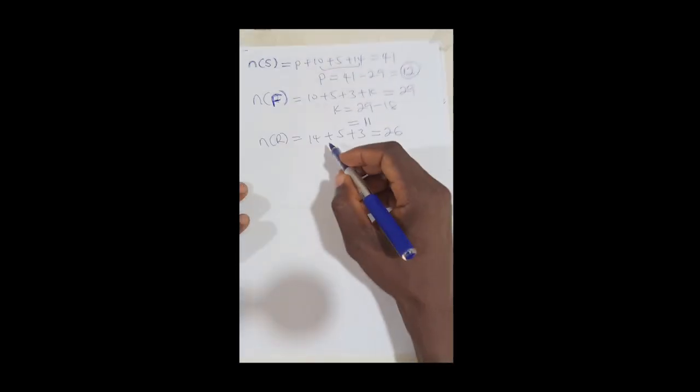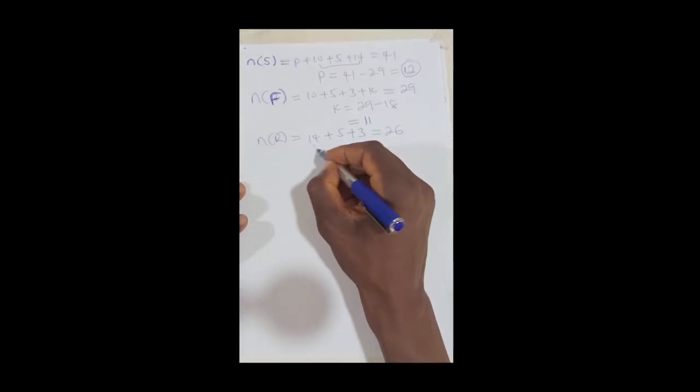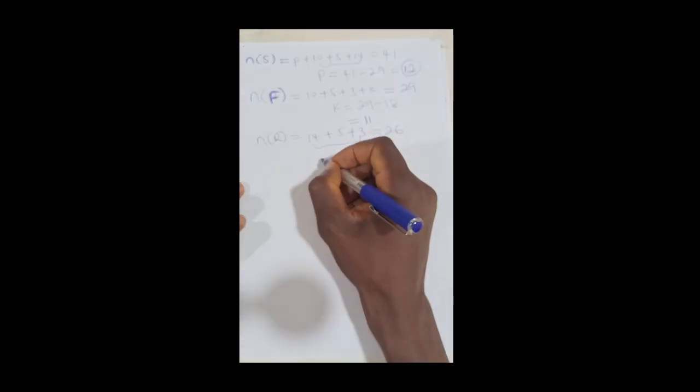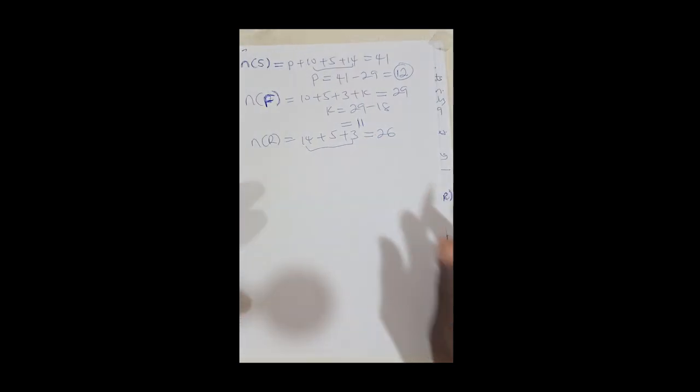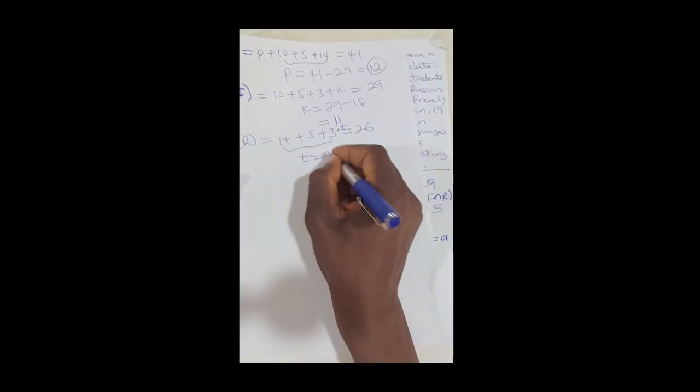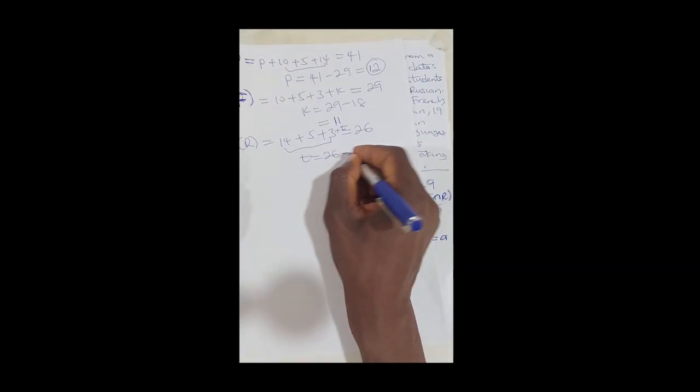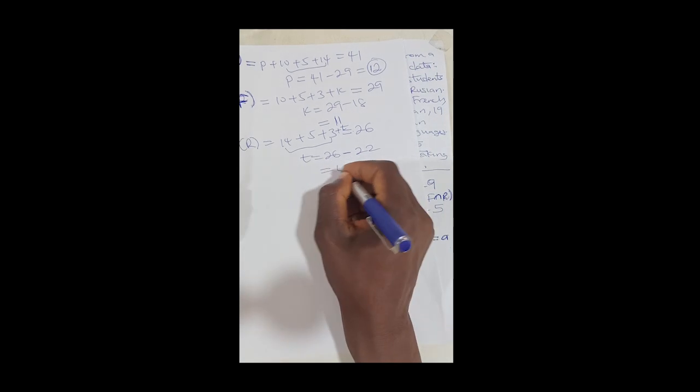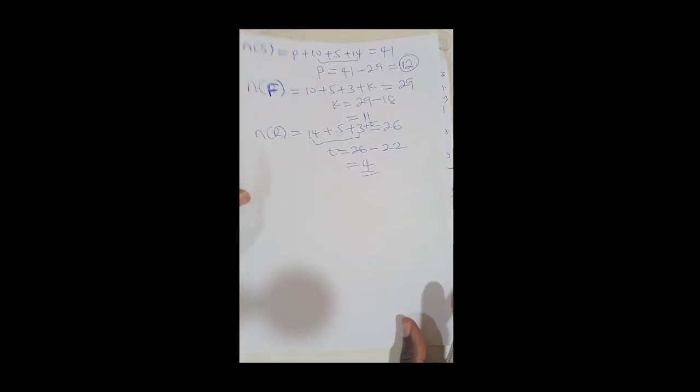Together, 14 plus 5 plus 3 is 22. So T is equal to 26 minus 22. That's 4. That's the Russian only.